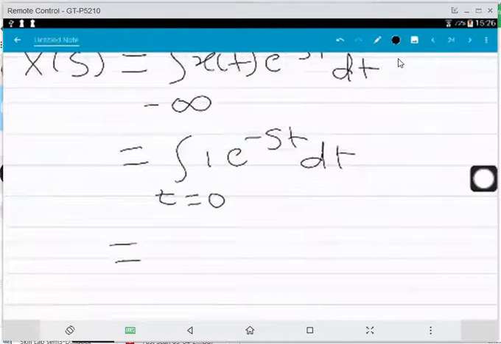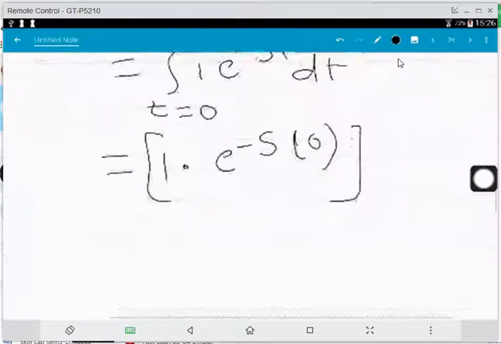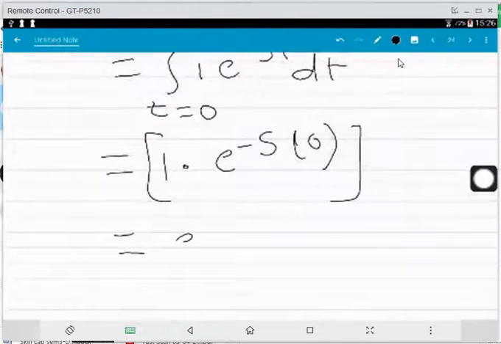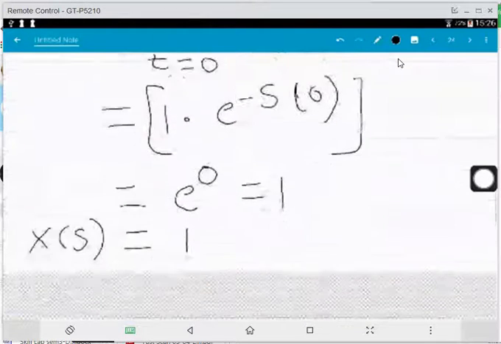Now we have to put the value of t is equal to 0 in e to the power minus st. So e to the power minus st, with the value of t equal to 0 put here, we will get e to the power 0, and it is equal to 1. So X of s is equal to 1 for the delta function.